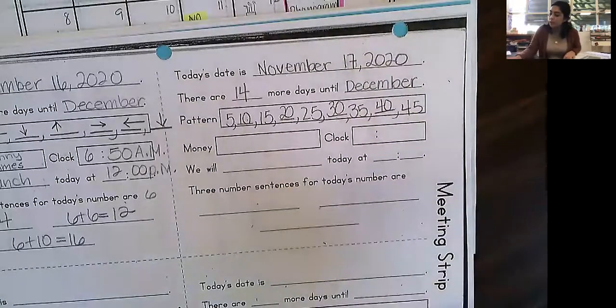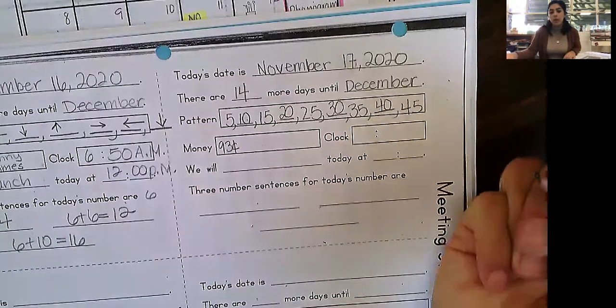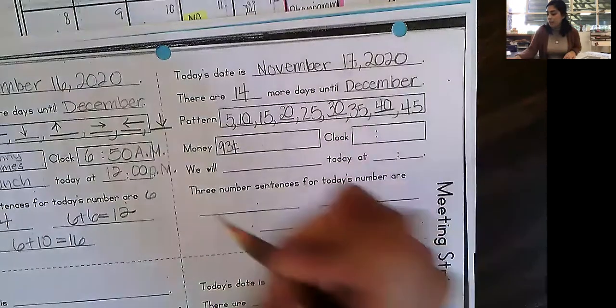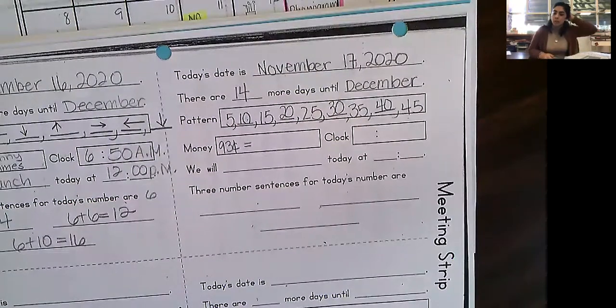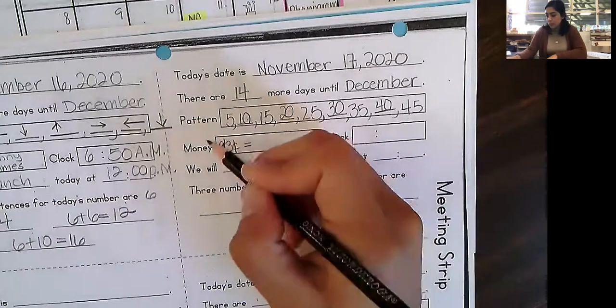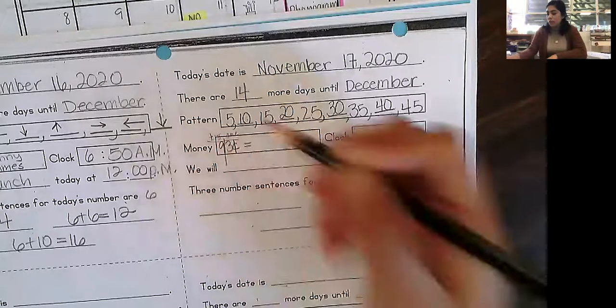Today's money is 93 cents. So go ahead and tell me how many pennies and how many dimes I need to make this amount. Okay, put pause if you need more time. I'm going to divide this and I'm going to put tens and ones.